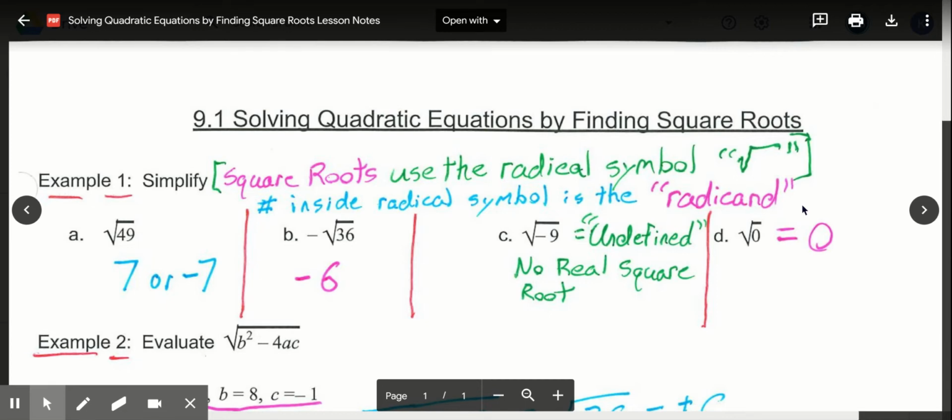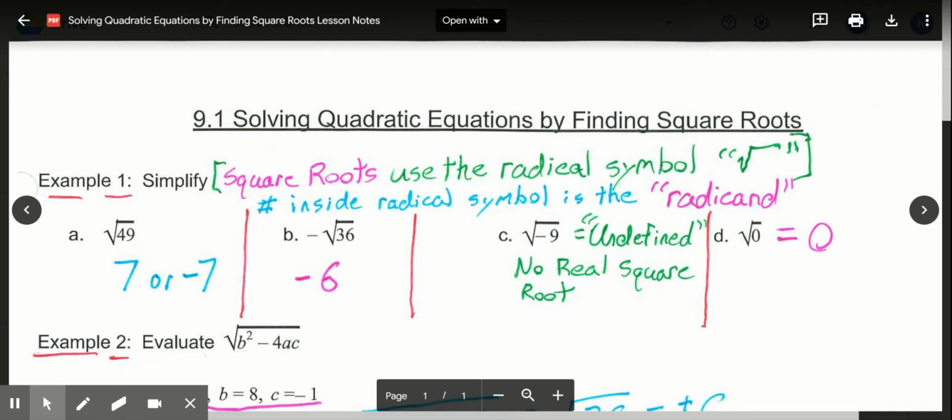Now, a couple of things to remember related to square roots. We can think of square roots as the opposite of squaring a number, or taking it to the second power. So when you are trying to solve a square root, think: what number multiplied by itself will give us the radicand?